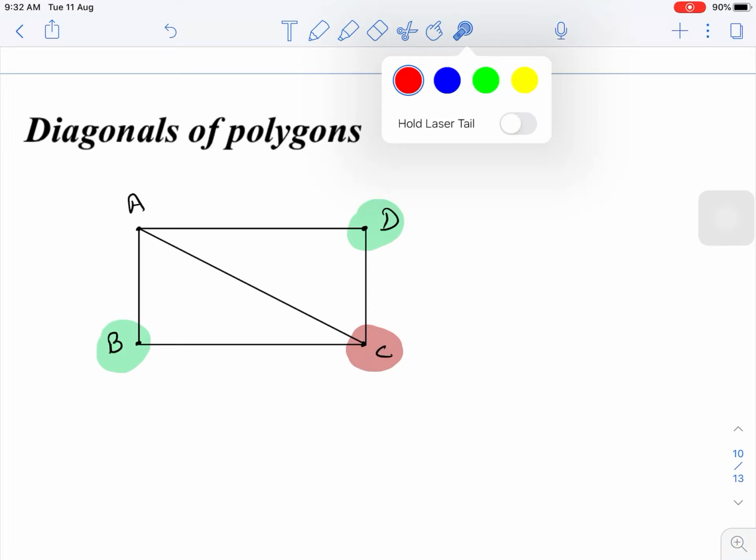Now look at the next one, that is B. For point B, who are the consecutive, neighboring or adjacent vertices? C is adjacent to B, A is adjacent to B, but D is opposite to B, so we can draw one more diagonal here.